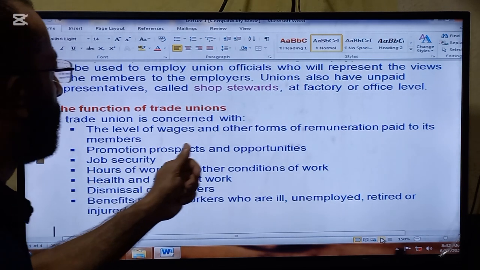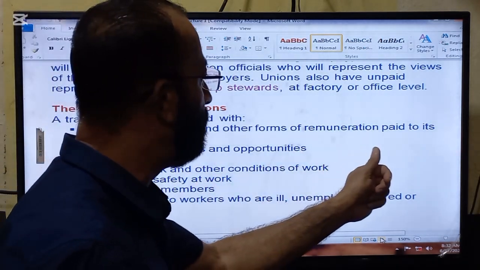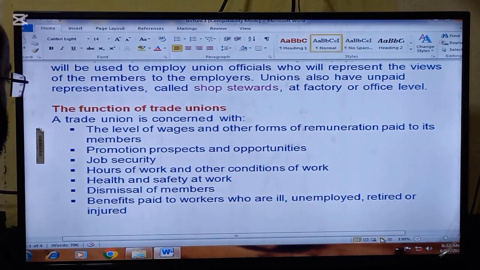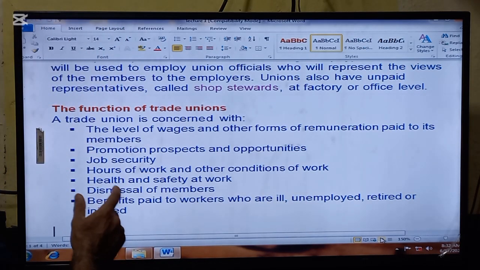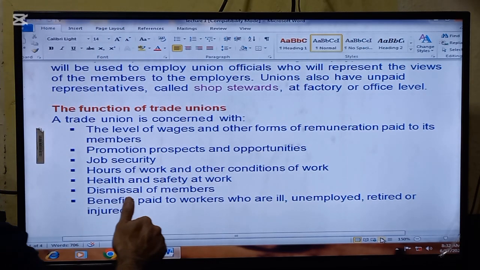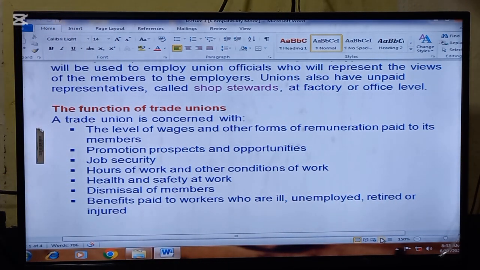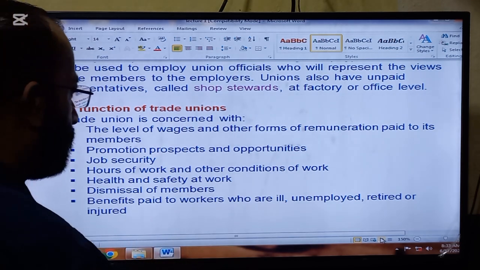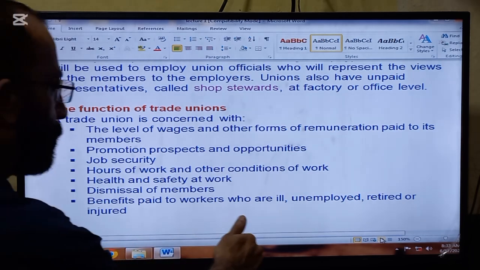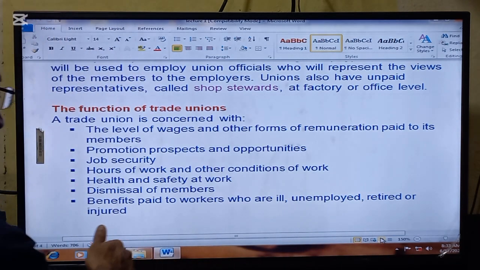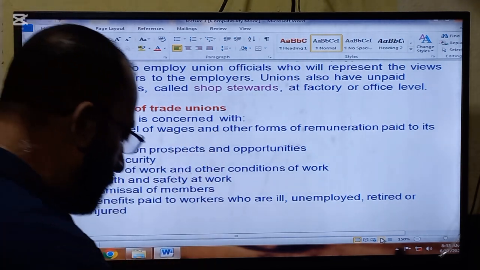The trade union is concerned with the level of the wages and other forms of the remuneration paid to its members, promotion prospects and opportunities of its members, job security of the members, hours of the work and other conditions of the work of the trade union members, health and safety at the workplace, dismissals of the members, benefits paid to the workers who are ill, unemployed, retired, or injured. So these are the things which trade union is concerned with.